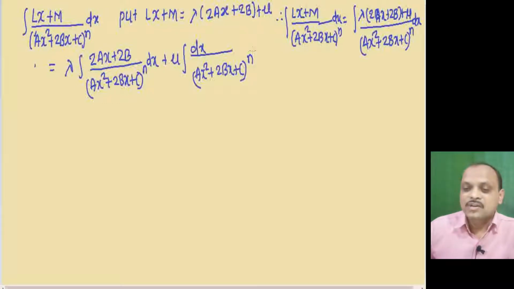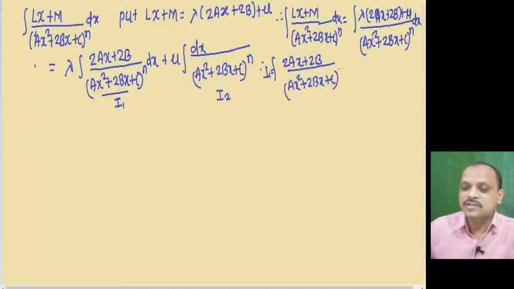Now suppose this is an integration I1 and this is an integration I2. Then integration I1 equals (2ax plus 2b) divided by (ax square plus 2bx plus c) whole raised to n into dx.